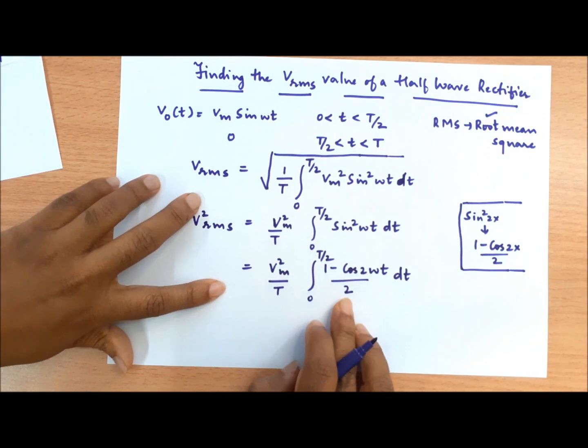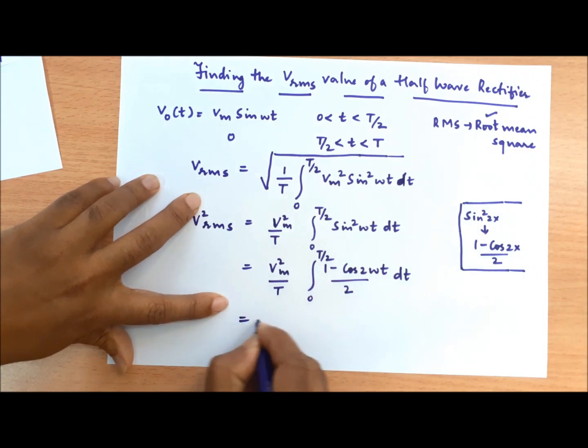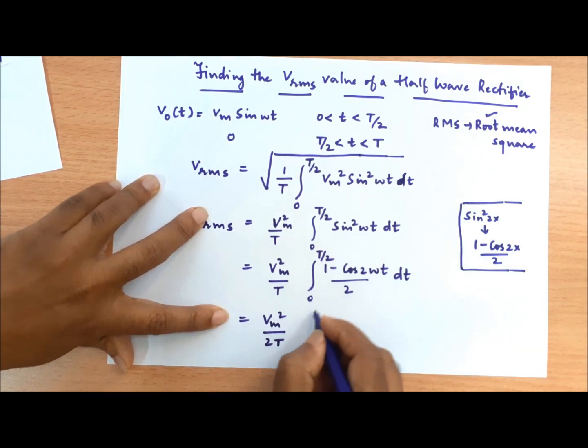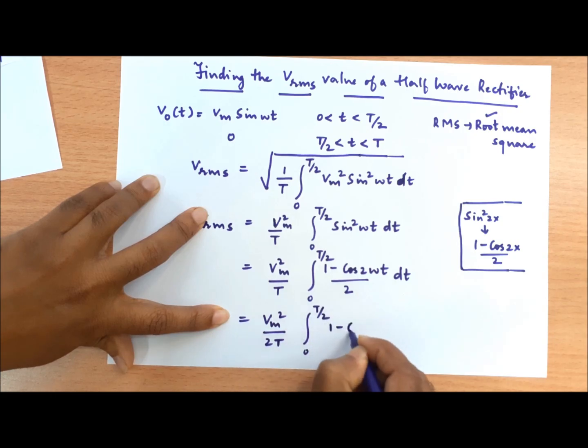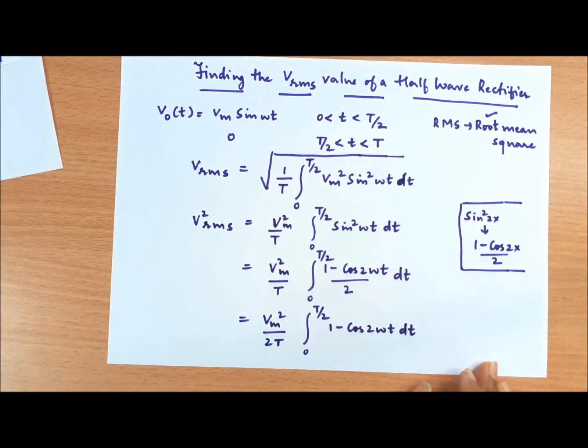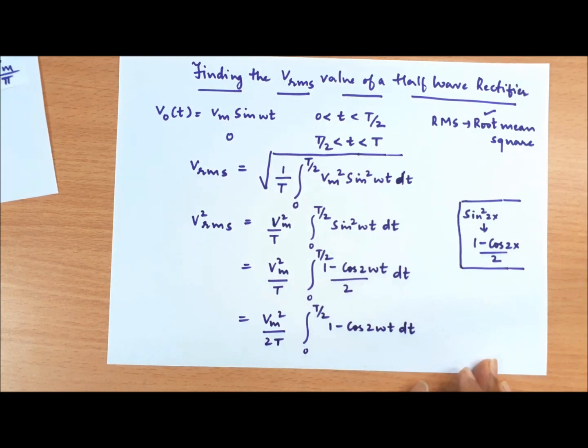If I take this 2 outside, then it will be Vm square by 2T, then integration of 0 to T by 2, 1 minus cos 2 omega t dt. So I'll have to continue further. Let's see what we get.